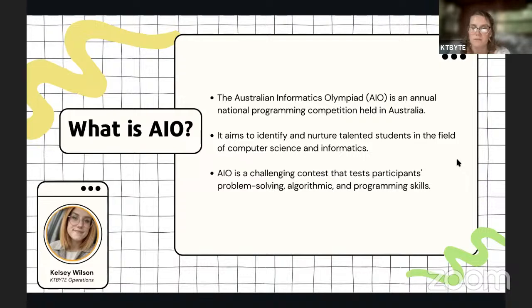So we've reached out to them a few times. This contest generally aims to identify talented students within Australia and around the world, and it is linked with the International Olympiad of Informatics. So it can be correlated with the USA Computing Olympiad in terms of it sending students to the IOI, or the International Olympiad of Informatics.